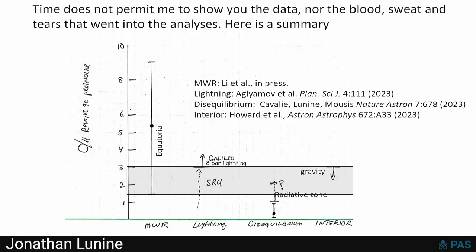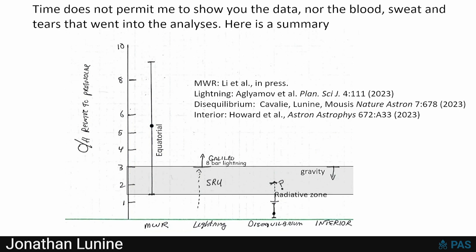So I'm not going to show any of the data because this is a very short talk. It was blood, sweat, and tears to try to get a water number. What I'm plotting here is the oxygen abundance, O over H, relative to the solar value. So 1 is solar, as determined now from the microwave radiometer, that's on the x-axis, from lightning observations using a model that Yuri Ağlamov, my student at Cornell, put together.